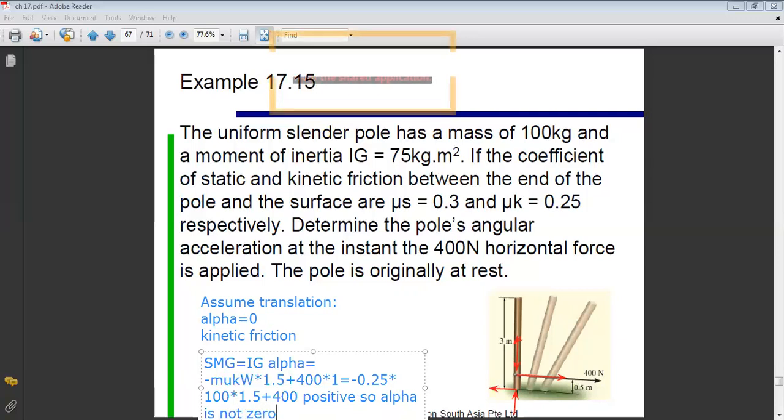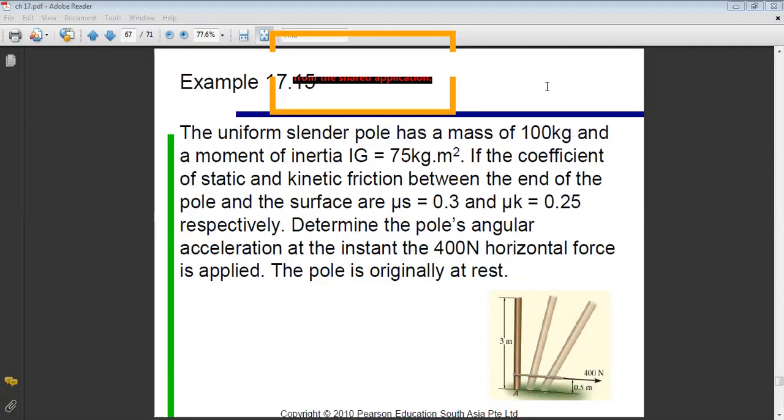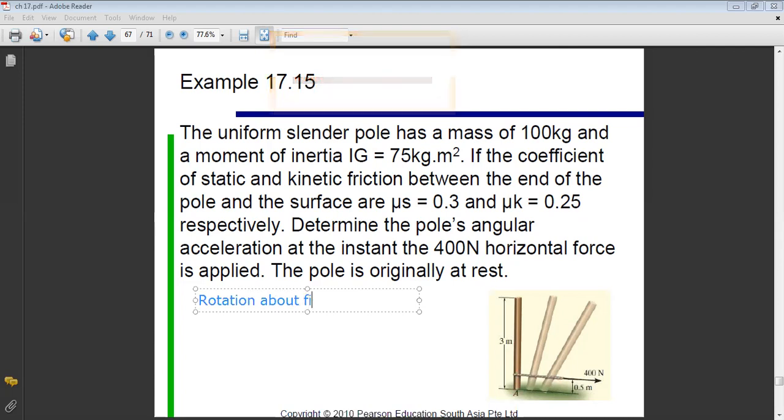So can I have translation here? No. My first assumption is wrong, so I will eliminate it and go to the second assumption. The second possibility is what? Rotation about a fixed point. What will be the fixed point? A, of course.